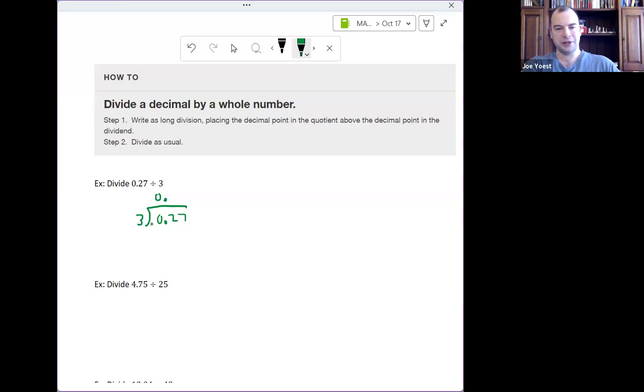I run into my decimal point. Let me bring that up. 3 goes into 2, 0 times as well. 3 goes into 27, 9 times. 9 times 3 is 27. I have 0 remainder, nothing else to bring down. My answer is 0.09.